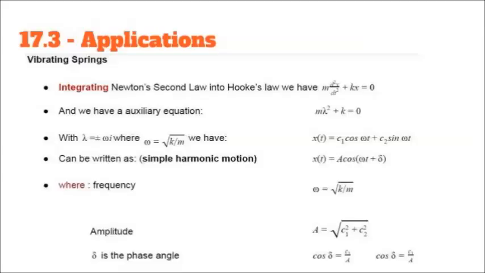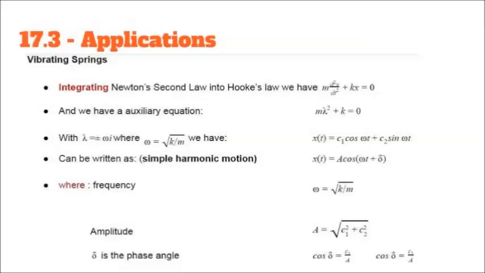Then we solve for lambda, and lambda is a complex number, an imaginary number, which is case 3. We can replace it with cosine and sine, where we have x of t equal to c1 cosine omega t plus c2 sine omega t.